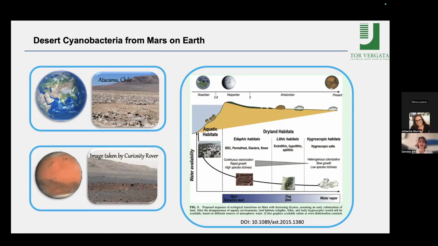Because when we talk about habitability, we consider a place habitable if there is liquid water. In the past, Mars had liquid water on the surface, then that disappeared. And so life forms, if present there, could have taken refuge inside rock, like they do on Earth.